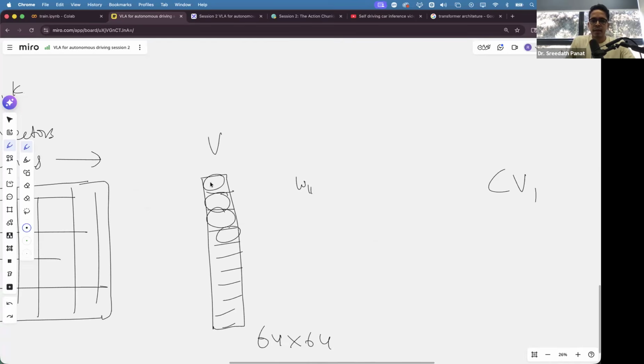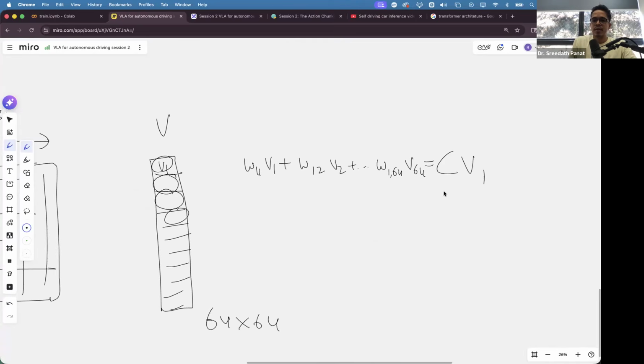So W11 multiplied by V1, plus W12 multiplied by V2, plus etc., W1,64 multiplied by V64. So this will be context vector number 1.